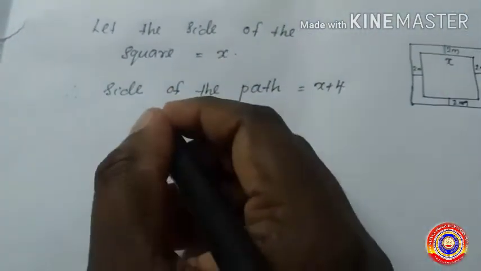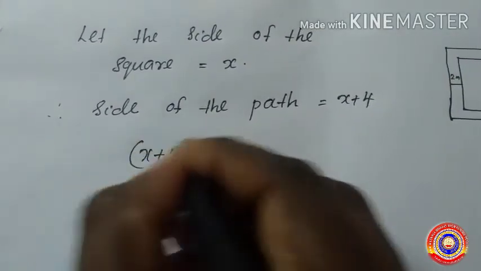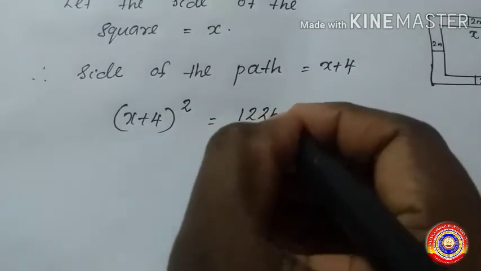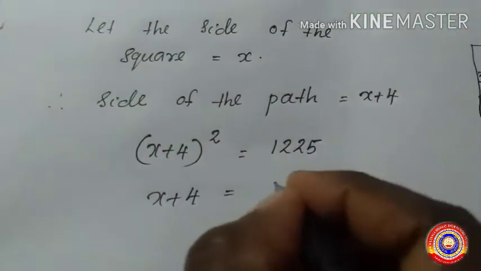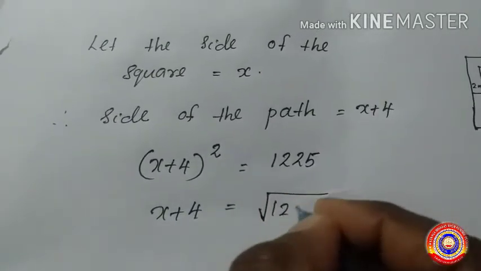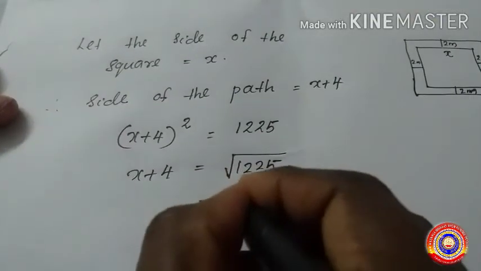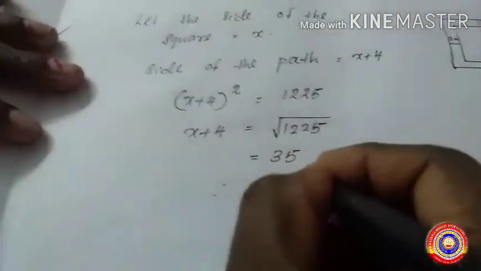The total area given to us is 1225 square meters. So we can write x plus 4 the whole square equal to 1225. The path itself is a square. So x plus 4 equal to root of 1225, that is equal to 35.